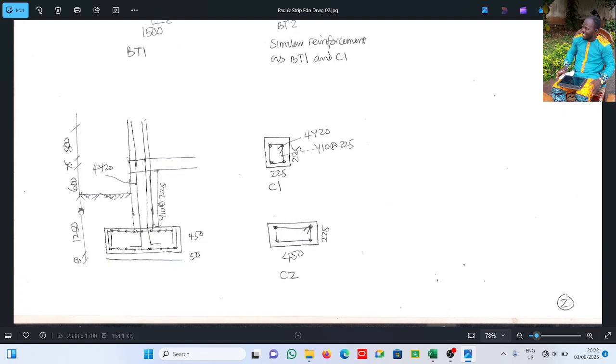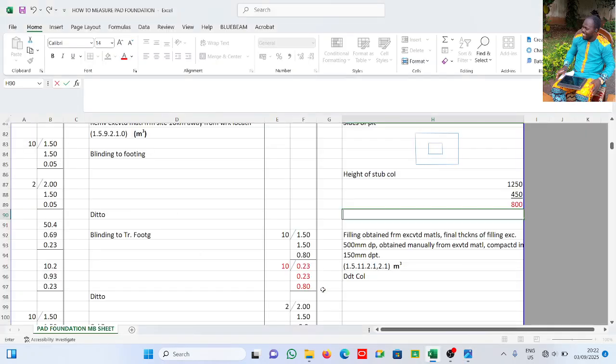Now the depth from here to here is 1250. Right? I remove 450. I want to know the depth of my fill now. If I remove 450, I must not forget to also remove the topsoil. Let me see if I removed it here. I didn't remove it. So I have to remove it. Minus.